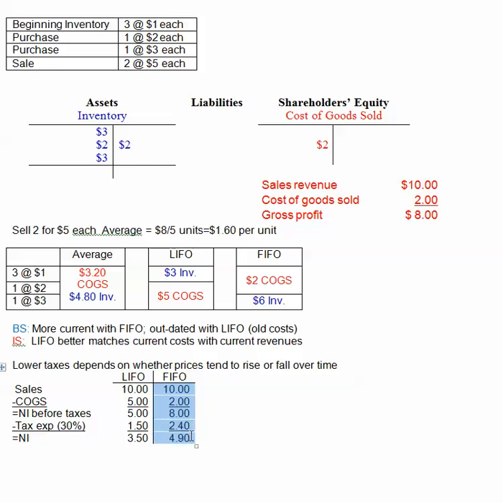And yeah, net income would be higher than had LIFO been used, because here with LIFO your cost of goods sold was $5, right? And then your tax would then be $1.50, 30% of your $5. So your net income would be lower, but you're physically paying less money. So a lot of companies use LIFO just because of this tax rule.